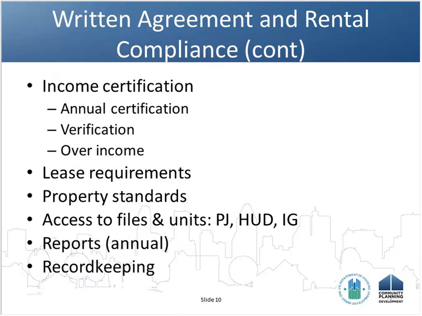And that's both at that initial certification when we have someone that moves into a unit, but also over the life of that project for the annual recertifications that are going to be done. And then also some language about how we're going to deal with over-income tenants.